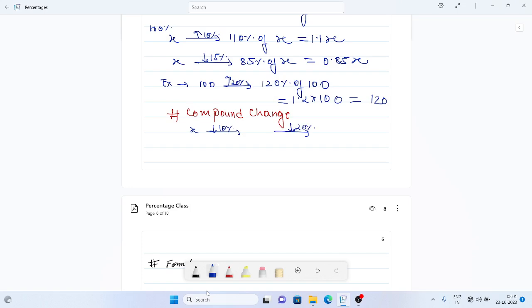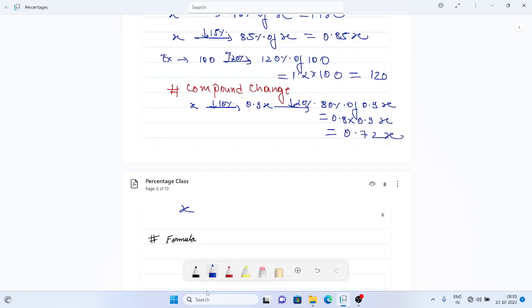So here x is 90% of x, which is 0.9x, and then x is 80% of 0.9x. So here you get 0.8 into 0.9x, where you get 0.72x, right?